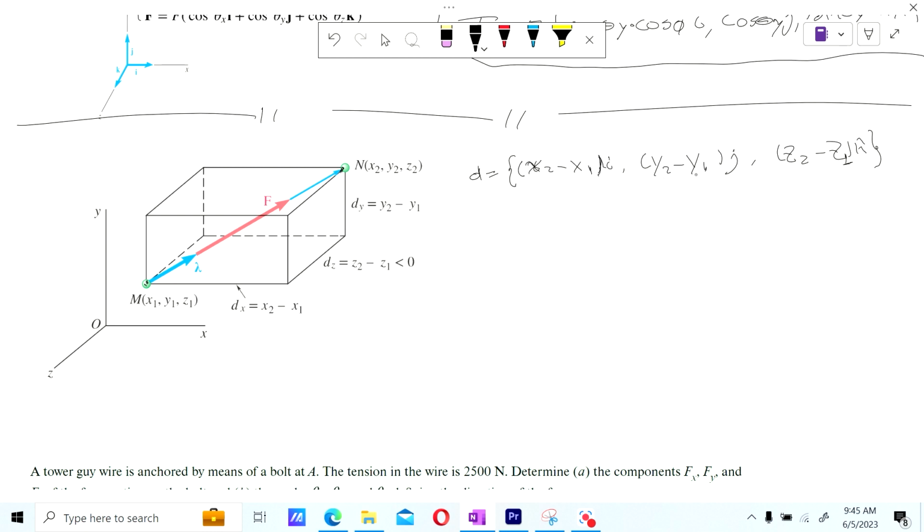That is the distance in vector form. The magnitude of the distance is square root of x2 minus x1 squared plus y2 minus y1 squared plus z2 minus z1 squared. Just like that. It's not x2 squared minus x1 squared. If you have the numbers, maybe you just want to compute that first and then bring it to find the magnitude.